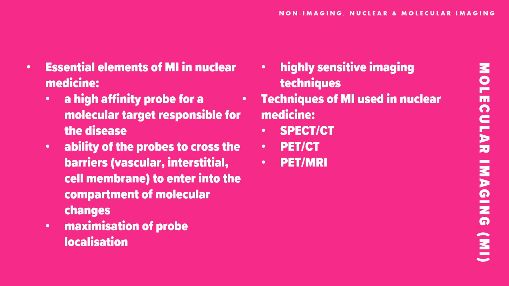And of course, when we talk about localization, the probe must be localized at the maximum amount that it is able to. So for example, you have a particular drug A with a tracer that only binds to EGFR expressed breast cancer.